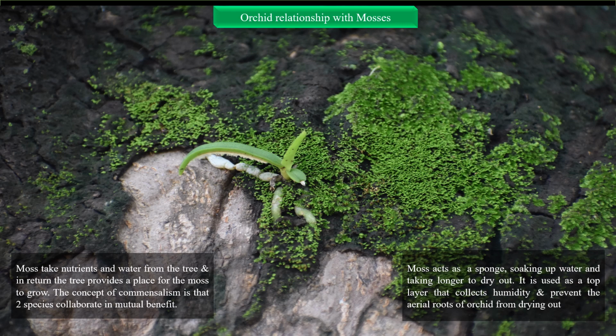So here you can see the orchid's relationship with mosses. Mosses take nutrients and water from the trees, and trees provide them a place to grow on their tree trunk. So it is also a concept of commensalism where two species collaborate for mutual benefit. So what are mosses? Mosses act like a sponge and soak up water.